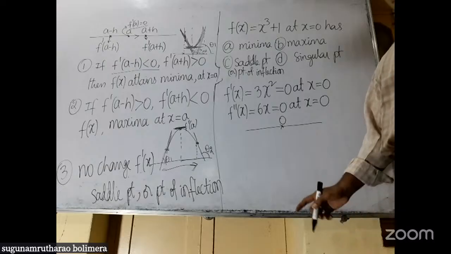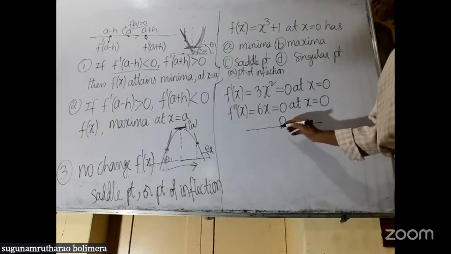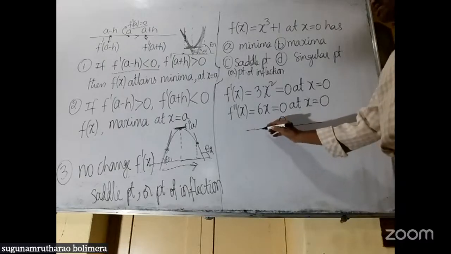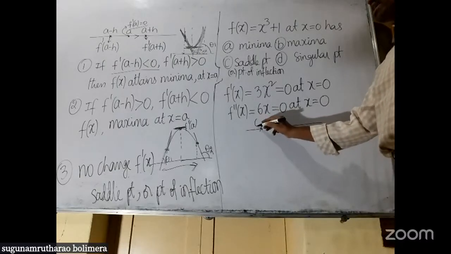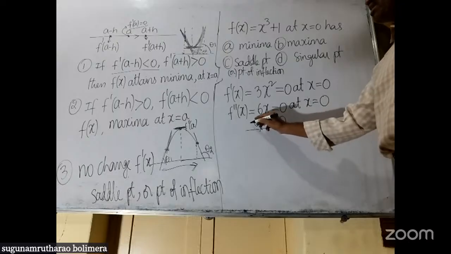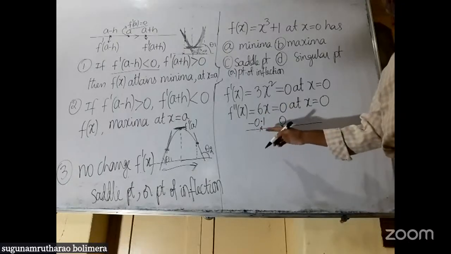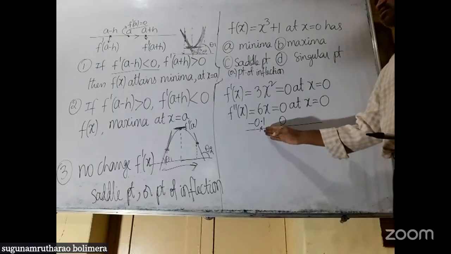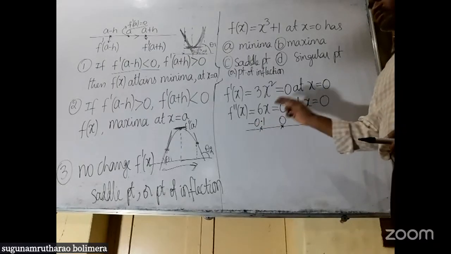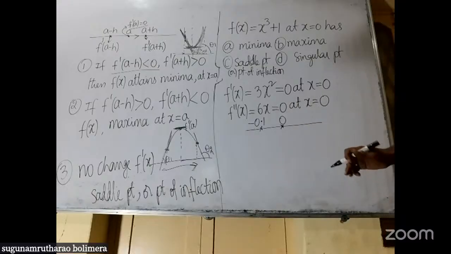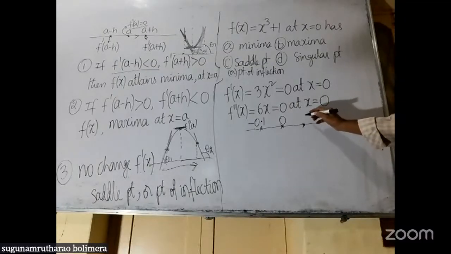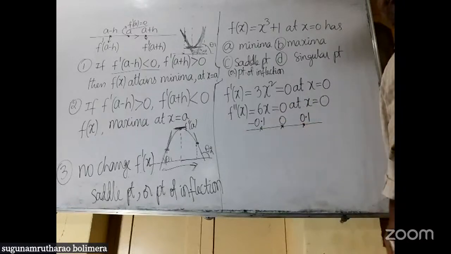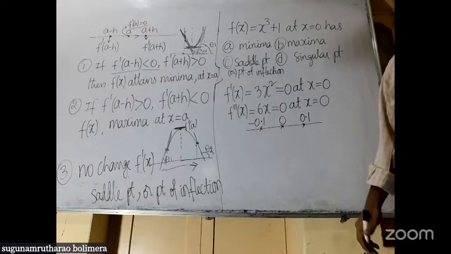Neighborhood means you cannot take -1 and +1. At 0, you are supposed to take very near. Just for the sake of discussion, I am taking -0.1 and 0.1. You should not take very far; you must take very near.